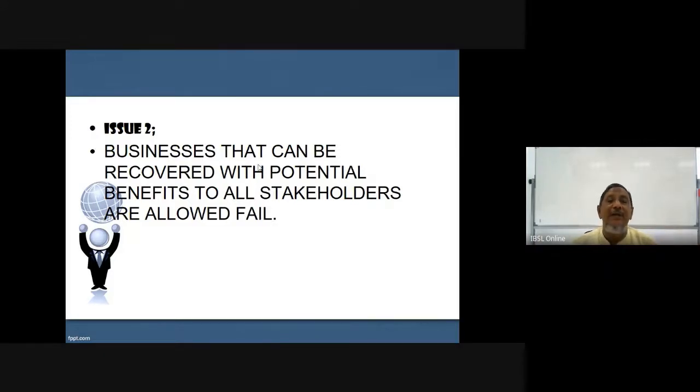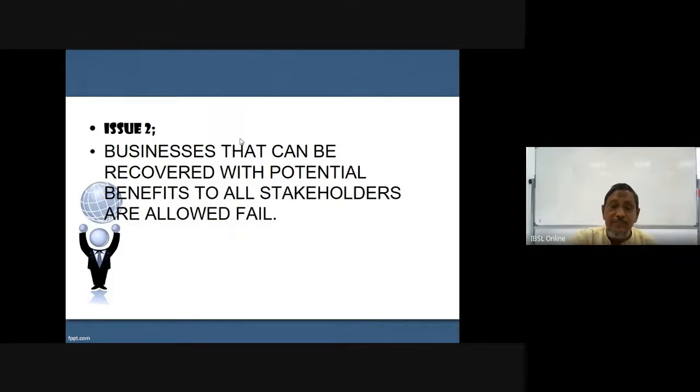All these people are stakeholders of a business. When the business becomes very, very large, the number of stakeholders is also very large. If such a business collapsed, it affects the entire economy.